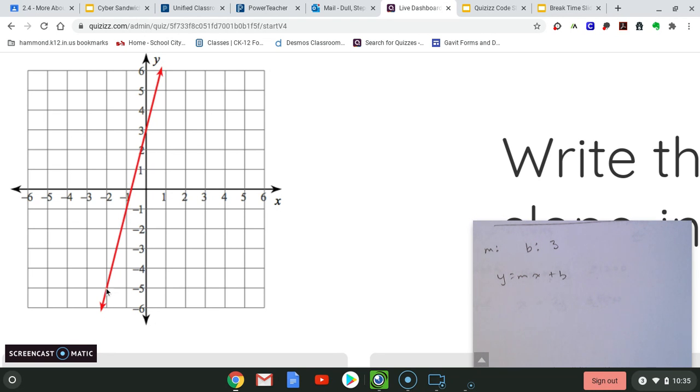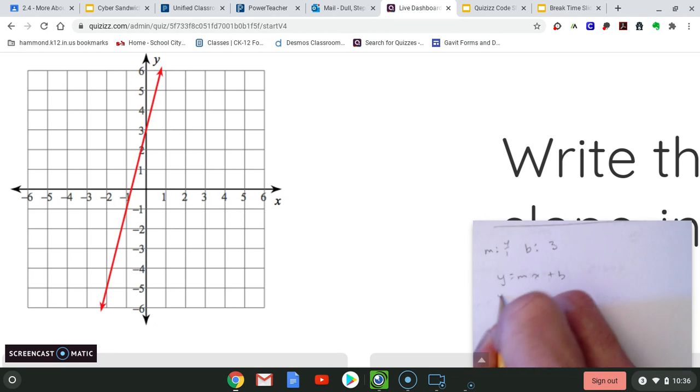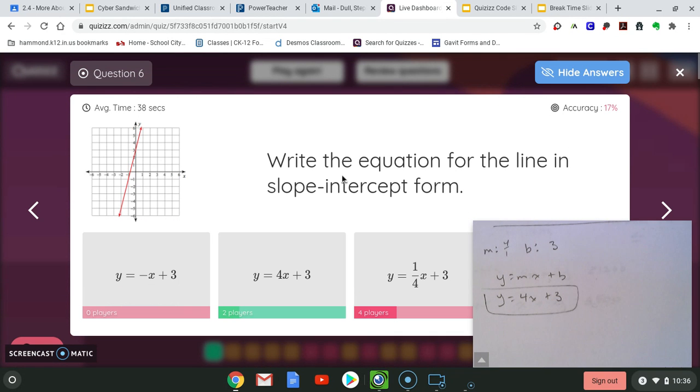It looks like we have one here and one here. If we go up 1, 2, 3, 4 units and 1 to the right, that's a slope of positive 4. Okay, 4 over 1, or 4. So y equals 4x plus 3 is going to be our slope-intercept form of our equation. And that was answer number 2.